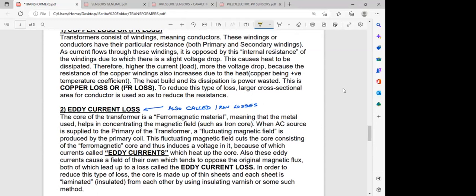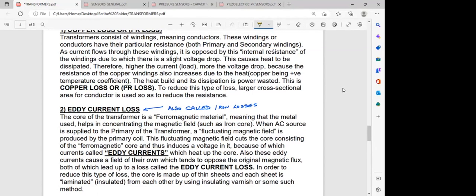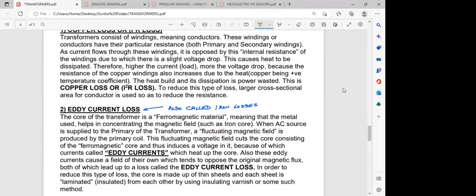And because the eddy currents are causing this heat and an unnecessary loss, this is also called eddy current loss. So how do we reduce these losses?